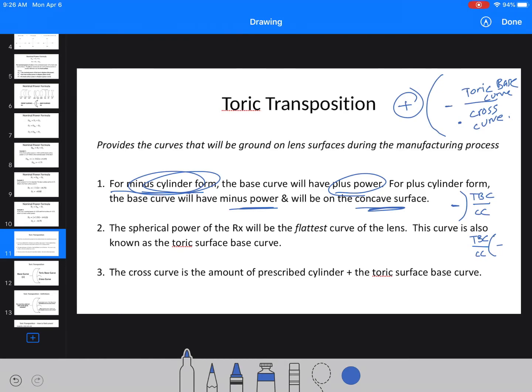Number 2, the spherical power of the prescription will be the flattest curve of the lens. This is also known as the toric base curve. All right, we identified that. The cross curve is the amount of prescribed cylinder plus the toric base curve. So the cross curve is the toric base curve plus the cylinder in the prescription.